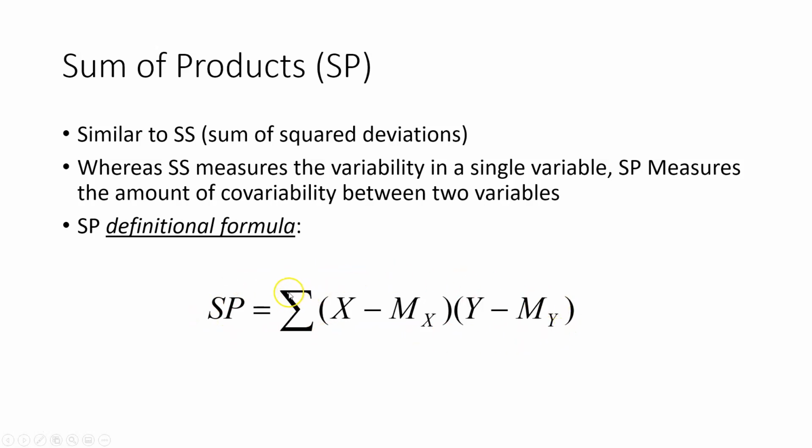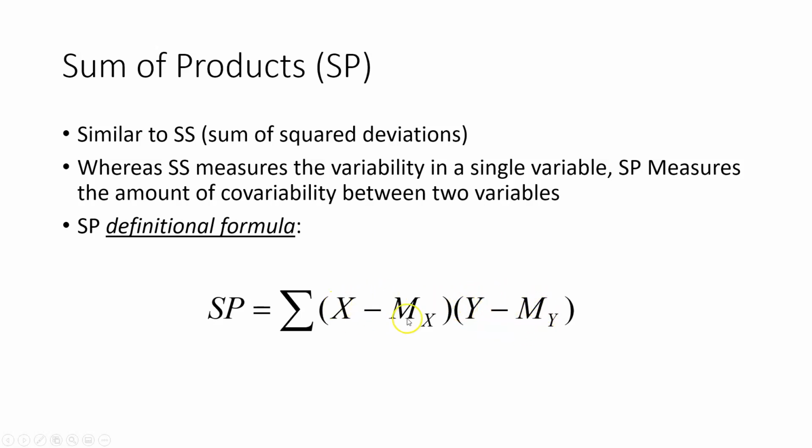So you can see here the definitional formula. I'll show you in a minute the computational formula, but this is actually quite similar to the definitional formula of the sum of squares. Remember, the sum of squares is the distance between any given score and its mean squared. It would have a little 2 here to square it, and then we would sum them up. But instead of squaring these scores, we take the individual scores on the x variable and subtract from it the mean on that variable. And then we do the same thing with the y variable. We take the scores on the other variable and we find the distance of them from the mean, so we compute other deviation scores.